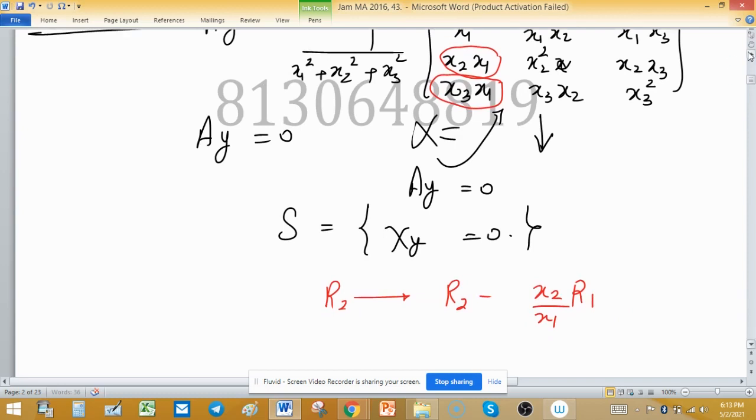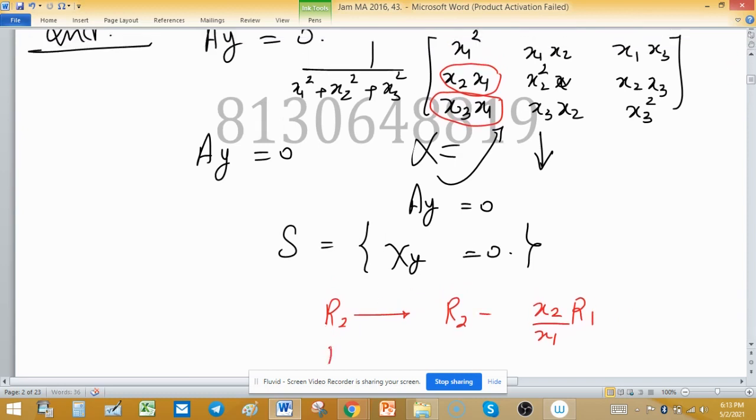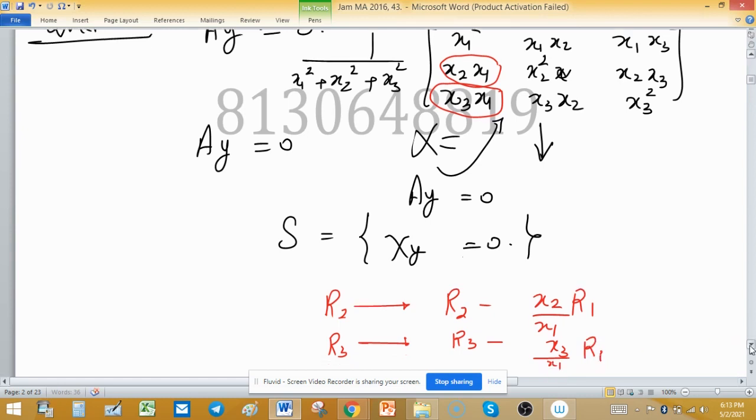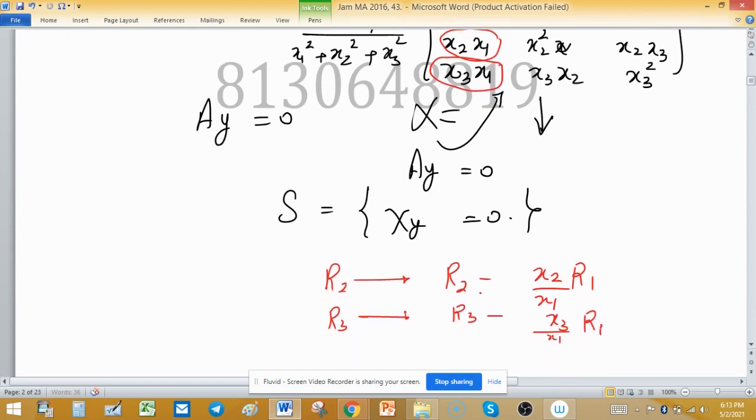Now apply this, and second, R3, how R3 you need to change, R3 minus x3 divided by x1 times R1. So you need to apply these two elementary row operations, and you will get x1 square, x1 x2, x1 x3, and 0 0 0, 0 0 0.